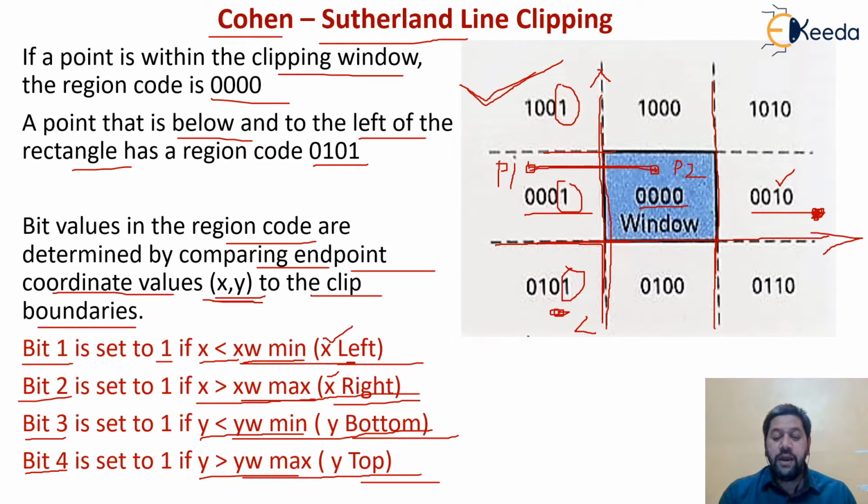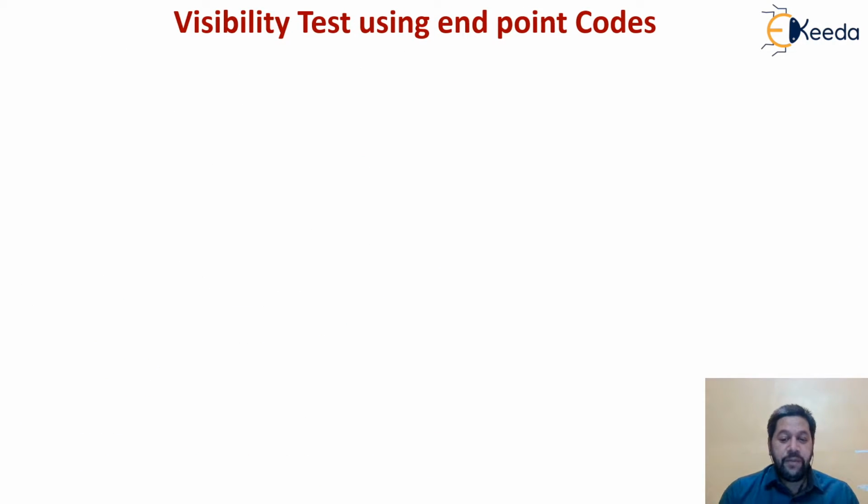What is the condition, what is the method? We will learn that from the next slide. So I'm moving to the next slide to understand how these endpoint codes are used to check the visibility. That is why I have written the heading as visibility test using the endpoint codes.